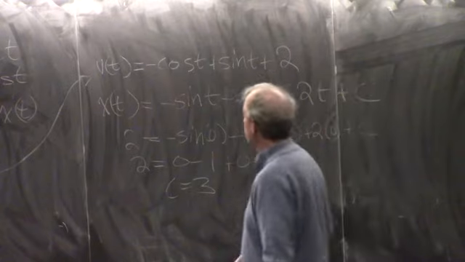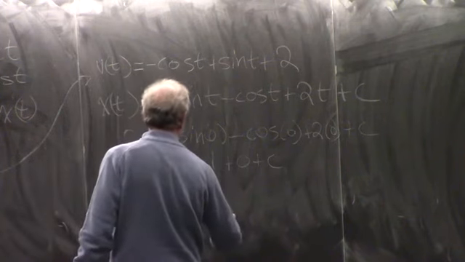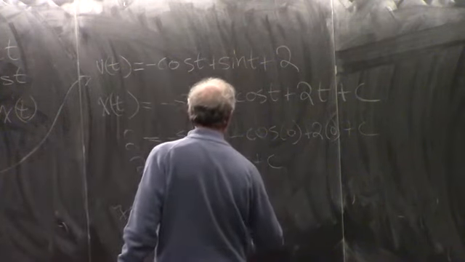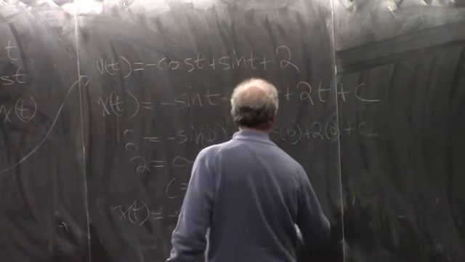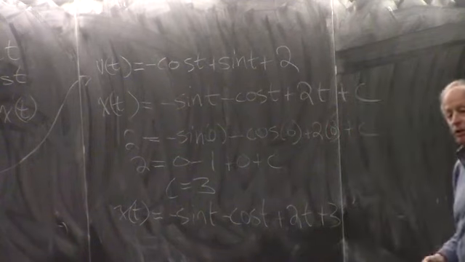And therefore, make sure you write that last line, x of t is negative sine t minus cosine t plus 2t plus 3. Okay? How do we do on that?